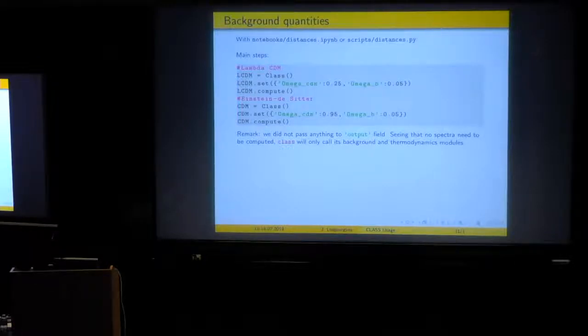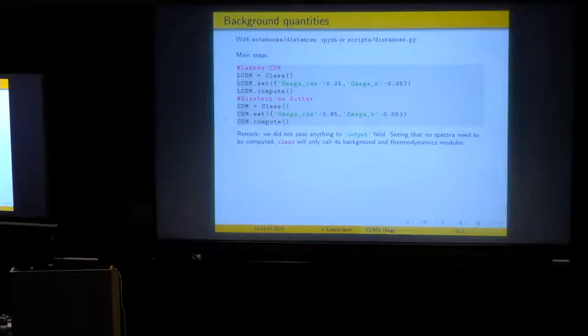We set cosmological parameters, and we control omega B and omega CDM because it's important to be sure of their value for this example, but I don't pass the others because I'm happy they are fixed to whatever reasonable value. So you see that this will be lambda CDM, omega lambda will be automatically adjusted to 0.7.